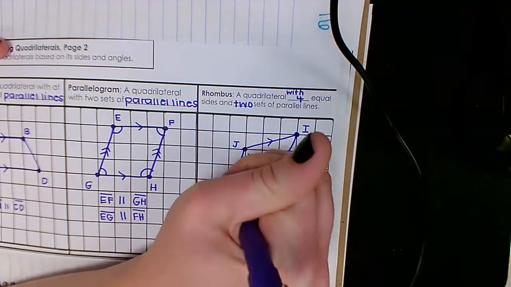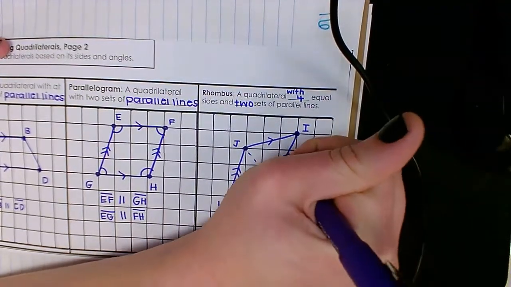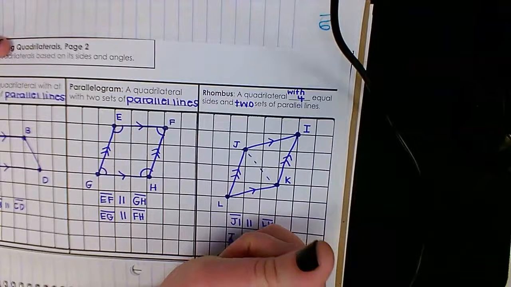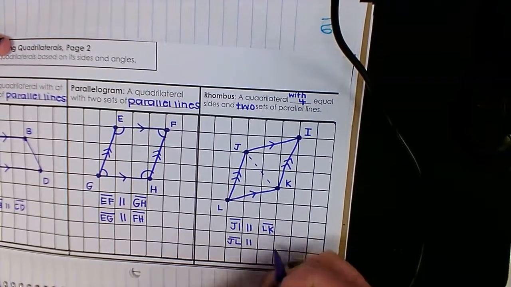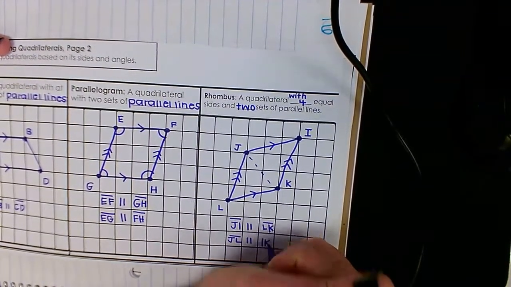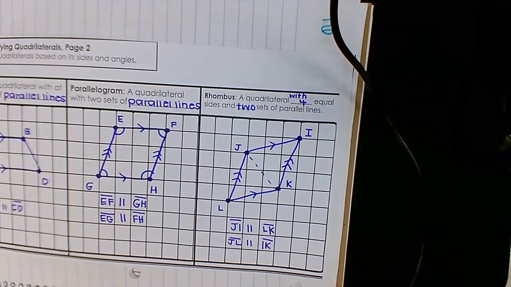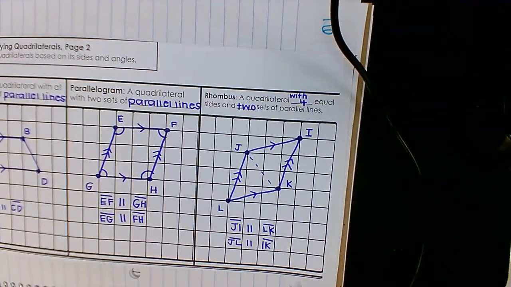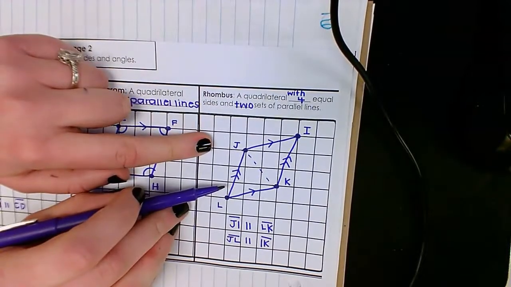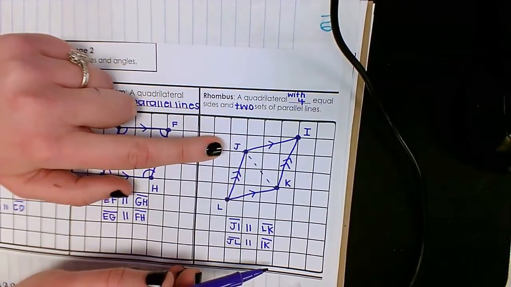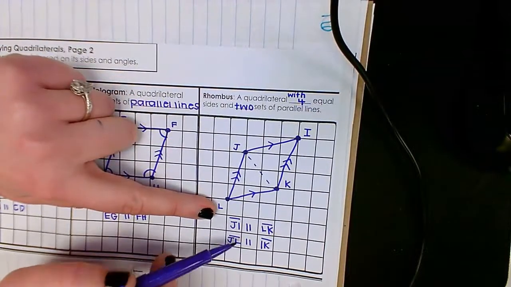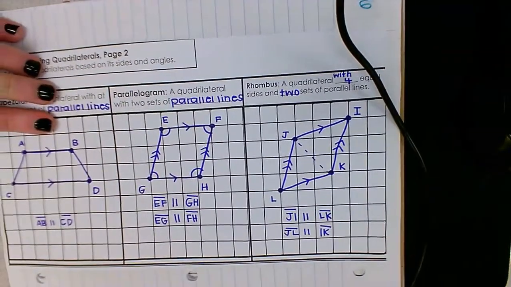I also notice that JL and IK also run parallel to each other, but in a different direction than the first 2 lines. So now I see that this rhombus has 4 equal sides and 2 sets of parallel lines.